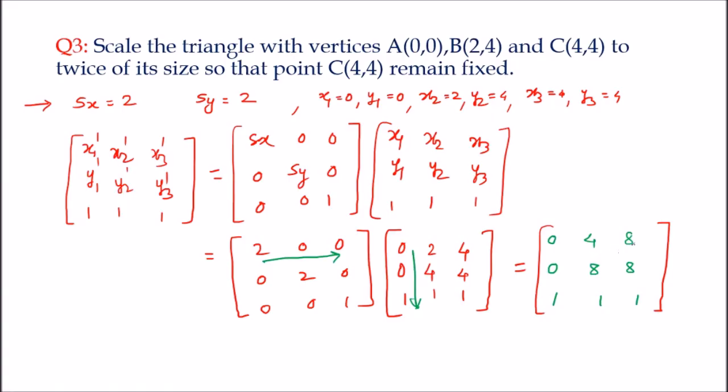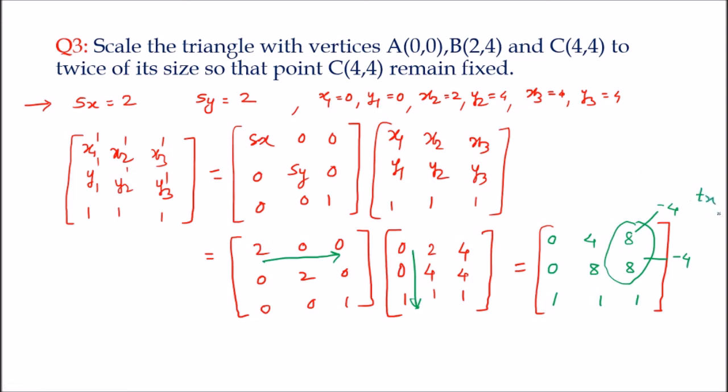But our aim is to keep C 4 4 fixed. This is the value we are getting after performing the operation on C, so we must have that as 4 4. So we must subtract 4 and 4. That means we have to translate the points back by 4 in the x direction and 4 in the y direction. So this is tx and ty.